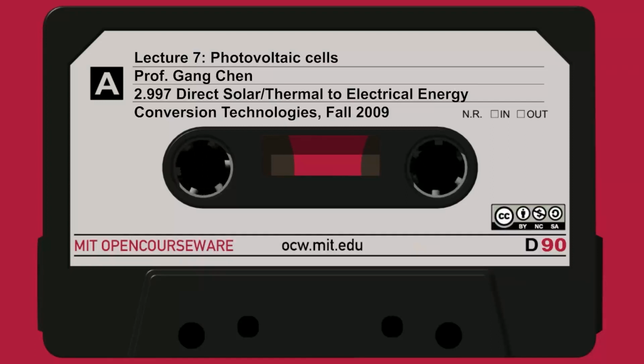You can further simplify because we know J_S is the dark current or saturation current. And I want a high open circuit voltage. What do I want? Smaller J_S is better. Smaller J_S, higher open circuit voltage.